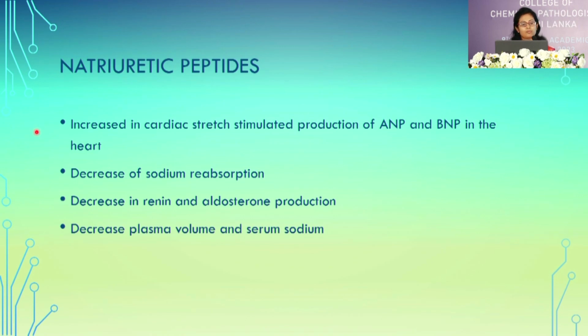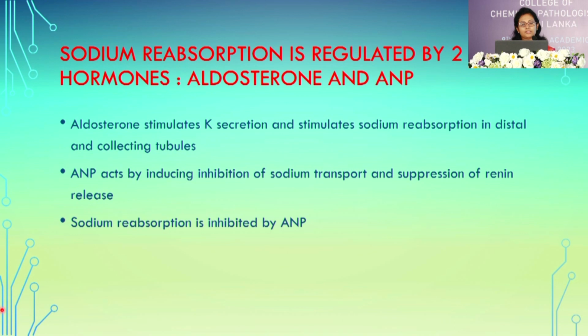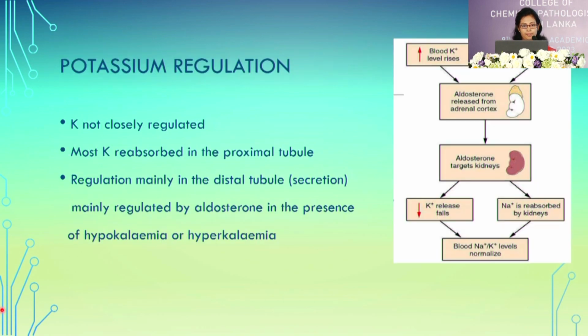So when there is a volume overload, these natriuretic peptides will be produced, and they decrease sodium reabsorption and also renin and aldosterone production. That will lead to decreased plasma volume and serum sodium. So the two hormones which regulate sodium reabsorption include aldosterone and ANP.